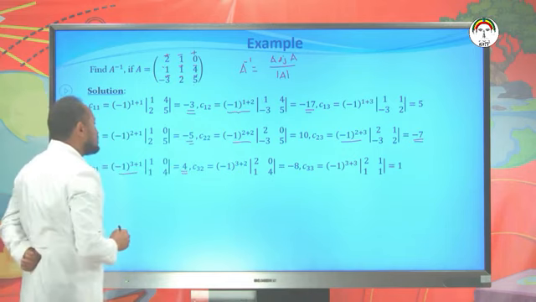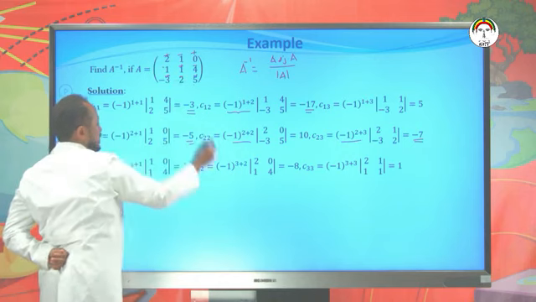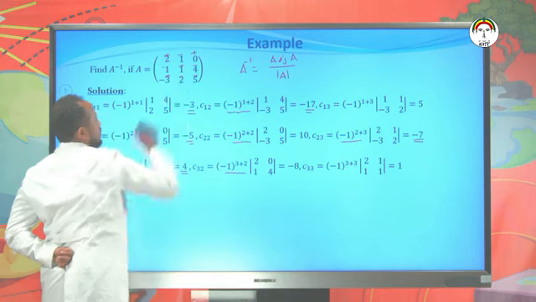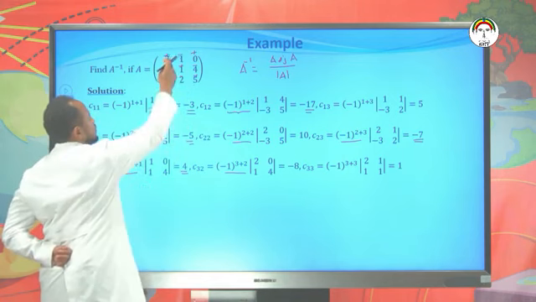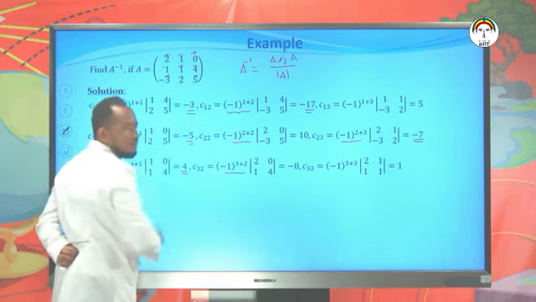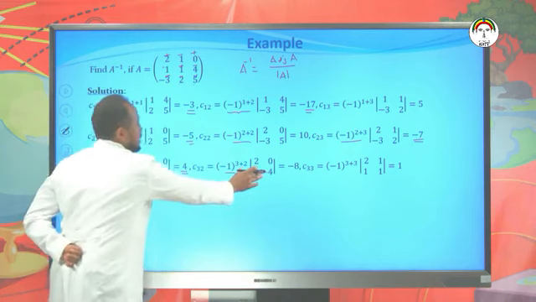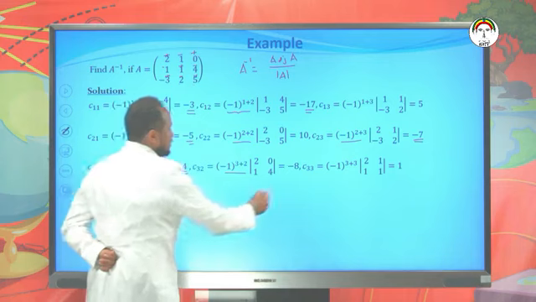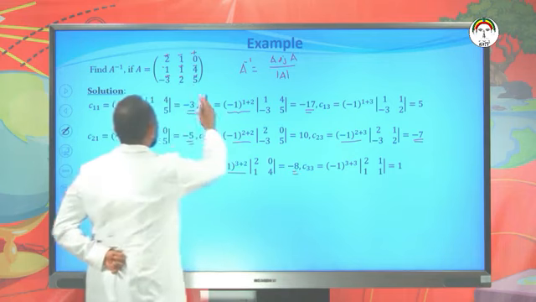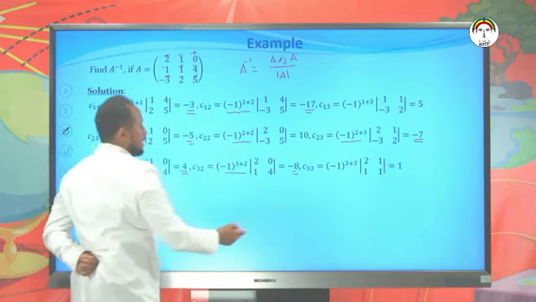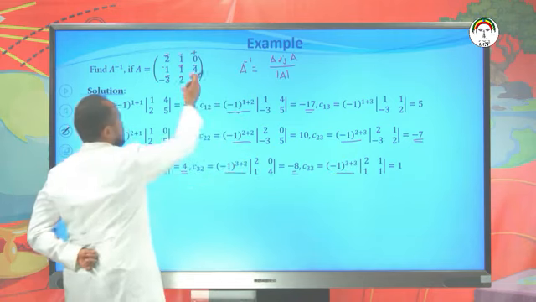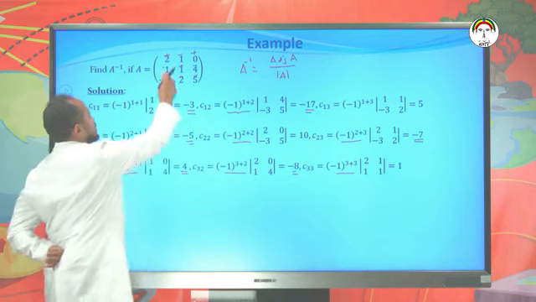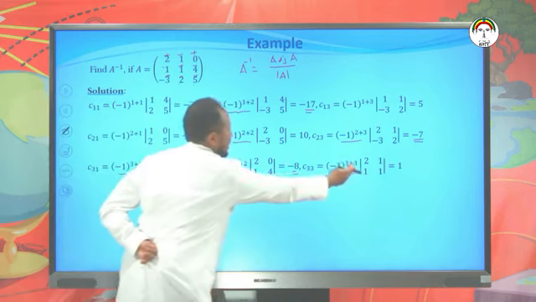And for C32, the number 2, the sign is minus. When you cancel the row and column that 2 belongs to, you get 2, 1, and 0, 4. The determinant of this value together with the sign gives you minus 8. And the next one, 5. The sign is plus. When you delete the row and column that 5 belongs to, you get 2, 1, and 1, 1.